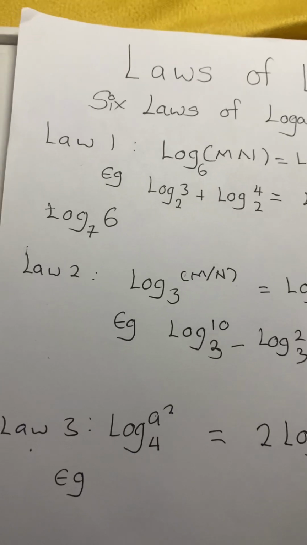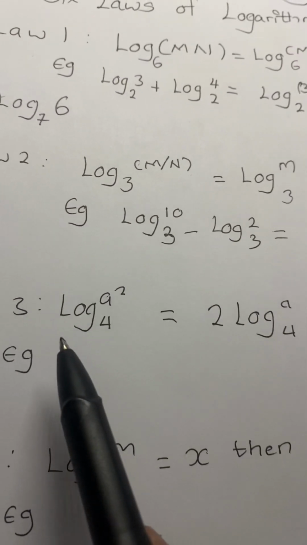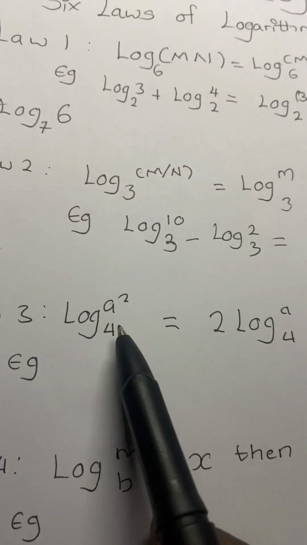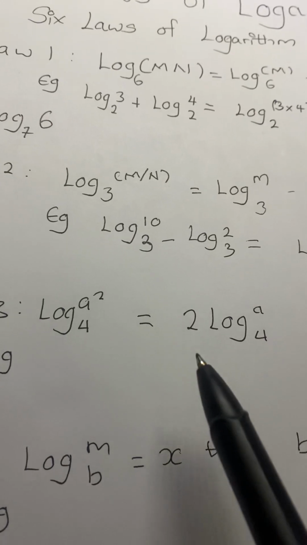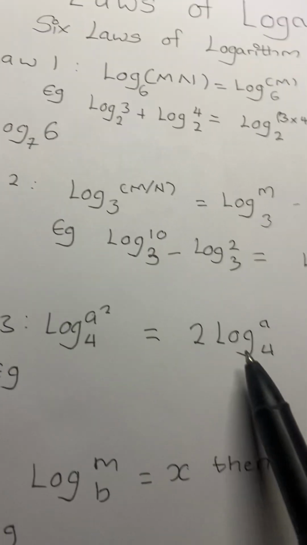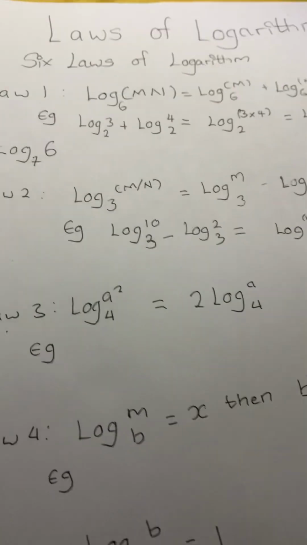Now we move on to the third law, which states that log base 4 of a squared is the same thing as 2 log a all over 4. How do I explain this?